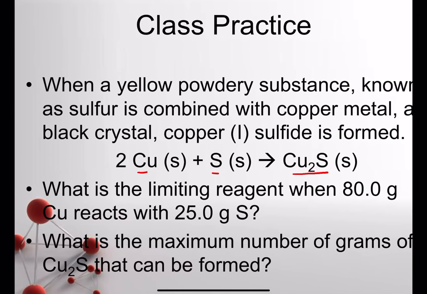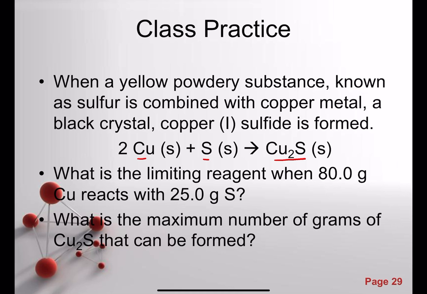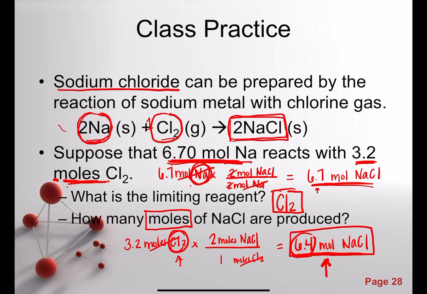And I'm going to start with what they've given me, 80 grams of copper. And also on this side, we'll do 25 grams of sulfur. Remember, we have to set up two problems, essentially, okay? And we're trying to find our limiting reagent. Now, in the last one, we were given moles.